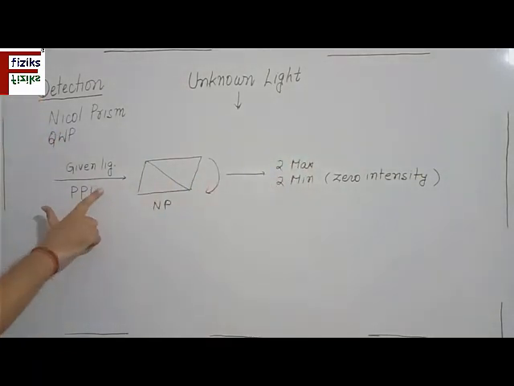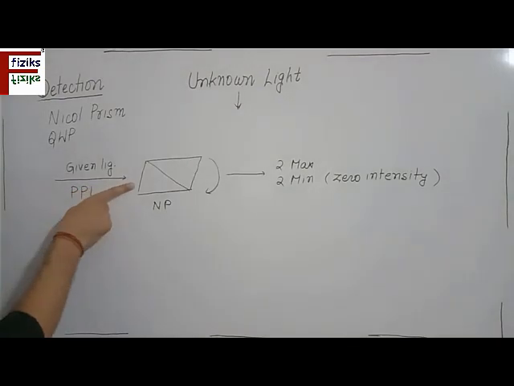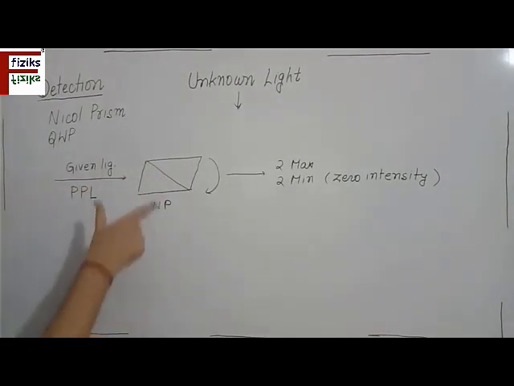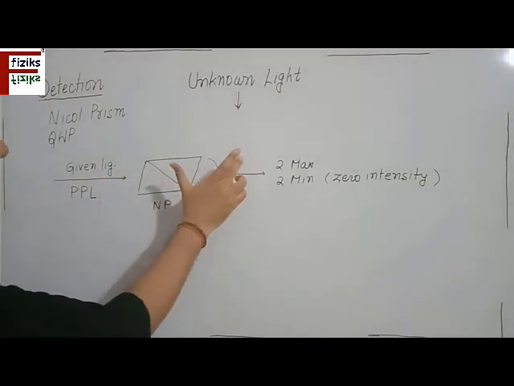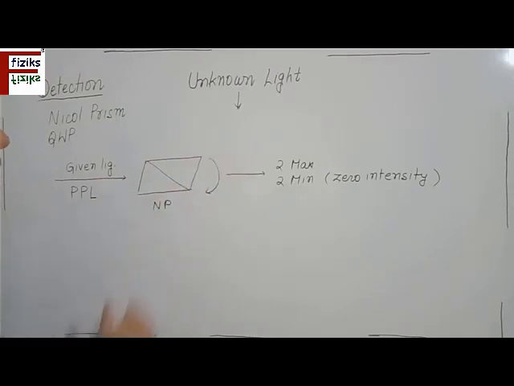And when the angle between the electric vector of PPL and the principal section of the Nicol prism becomes 90 degrees and 270 degrees, then the electric vector of PPL will propagate through the Nicol prism as O ray, and it will undergo TIR, and on this side there will be no light that will emerge. So here intensity will become zero.